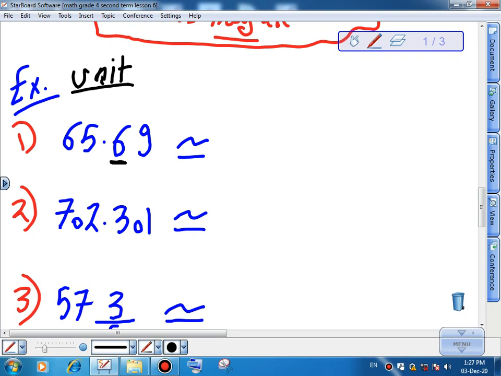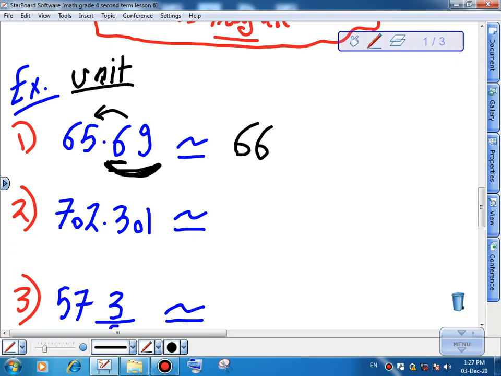It's 6, more than 5, so it's a strong number. Add 1 to the units, add 1 to 5, it will be 6, and cancel all the decimal part. Don't do anything to the other digit, 6 will be 6. It will be 66.